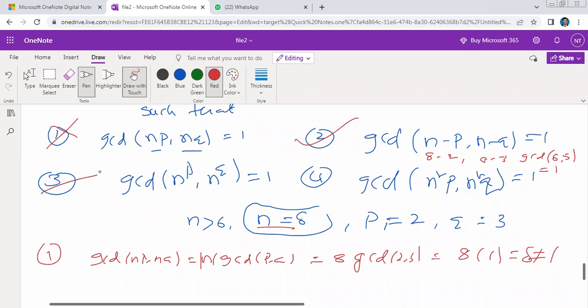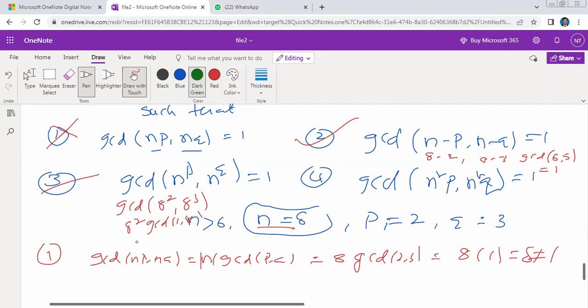Now coming to the third option, GCD of n^P, n^Q, that is 8 squared and 8 cubed. Is there any term common here? 8 squared is common, and 8 squared comes outside according to the property. 8 squared times GCD of 1, 8.